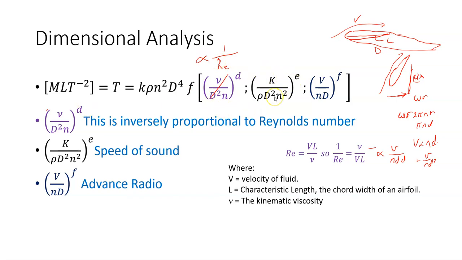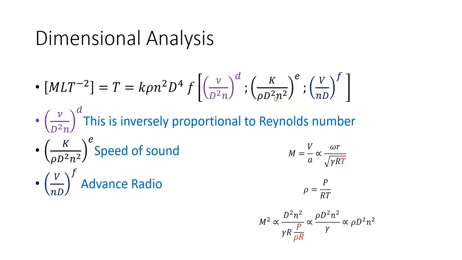If we look at the second part of it then, if I look at the Mach number, well, Mach number is the velocity over the speed of sound. So again, if this is my propeller blade, it's the velocity over the blade divided by the speed of sound. I've just explained that this velocity is proportional to omega r, which is effectively proportional to nD.